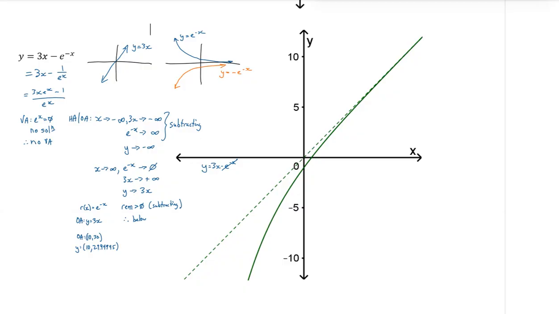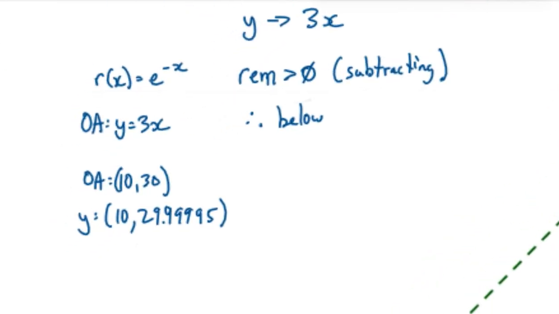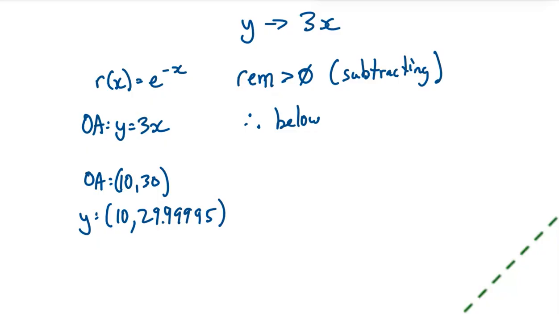So is it below because when you compare the OA to the Y value it's less? Yeah, exactly. So if it was say 31, then it'd be 30.00005 or something like that, and then that would mean it's above. Yeah, so you have to find both the value of the actual function, and then the value of the oblique asymptote.